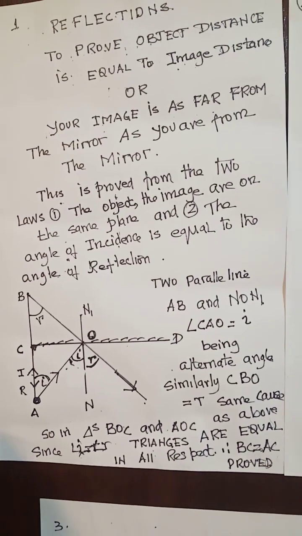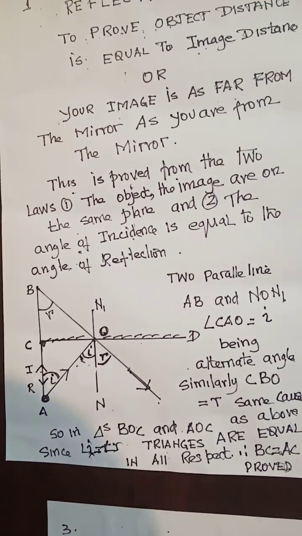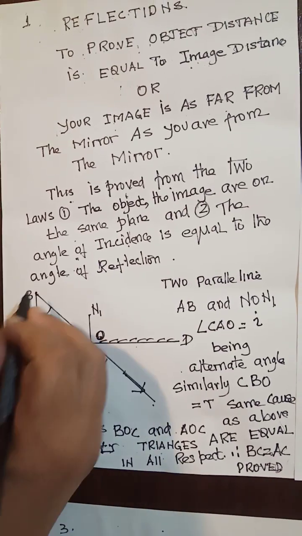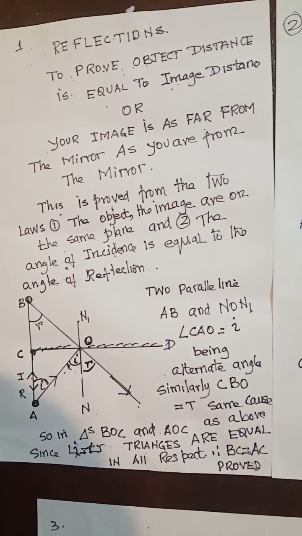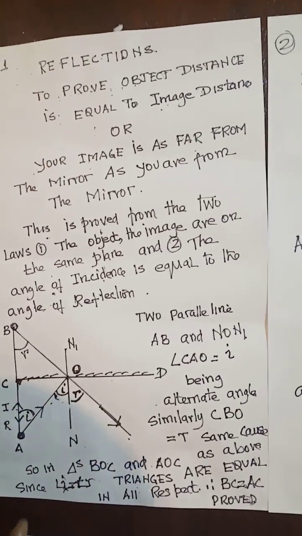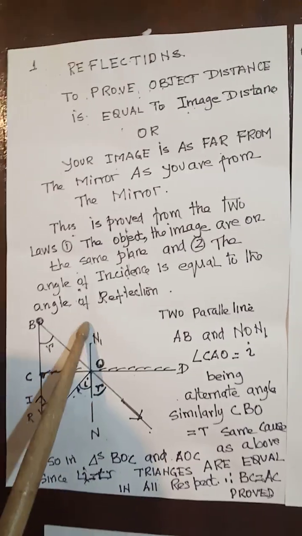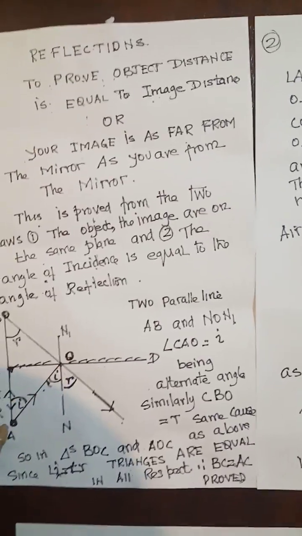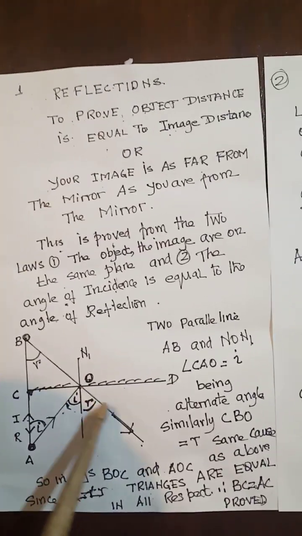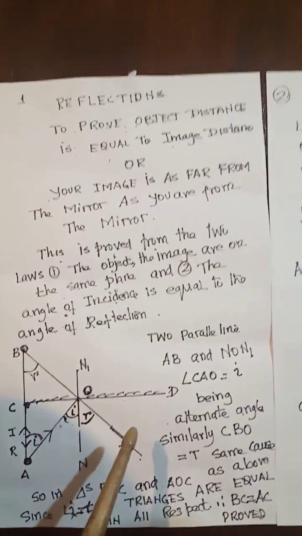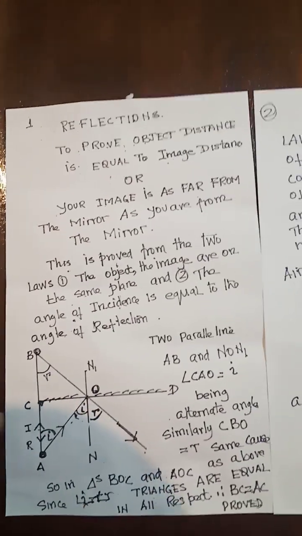So let me just put it. This is a ball, so this should also be a ball. Okay, so now see, you need to know some parallel lines, alternate angle I is equal to this. If you know that, and then similar triangles, you can easily prove.